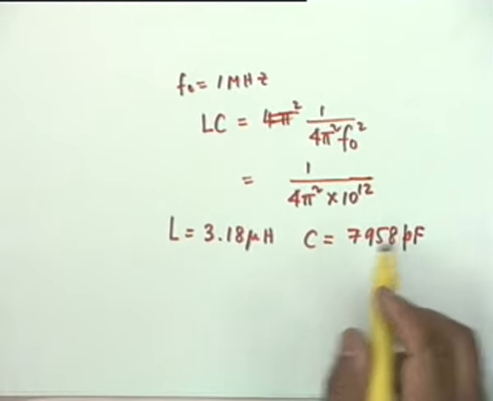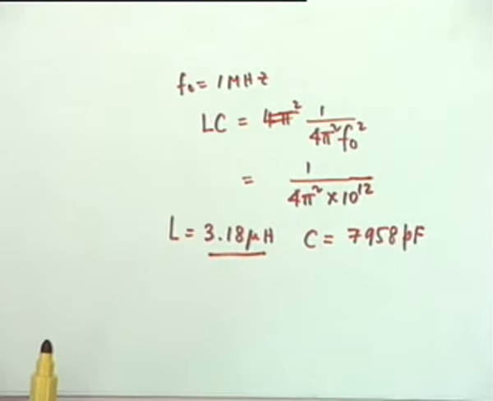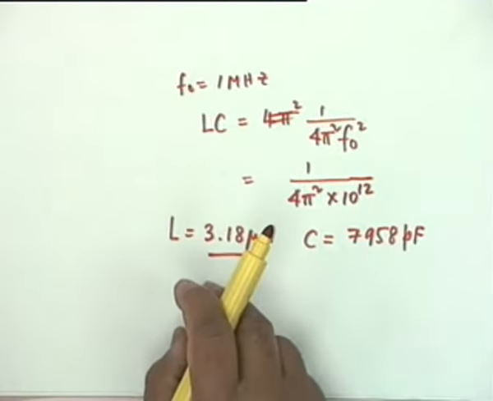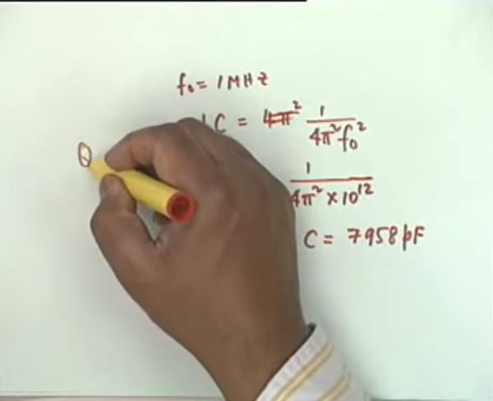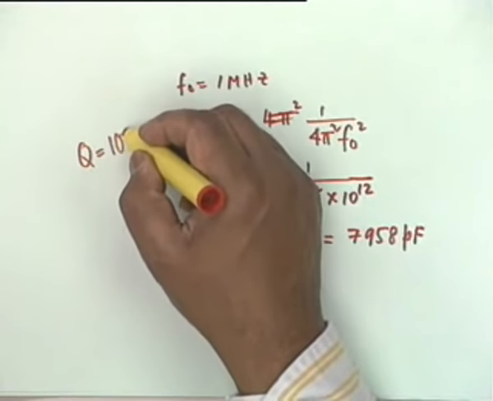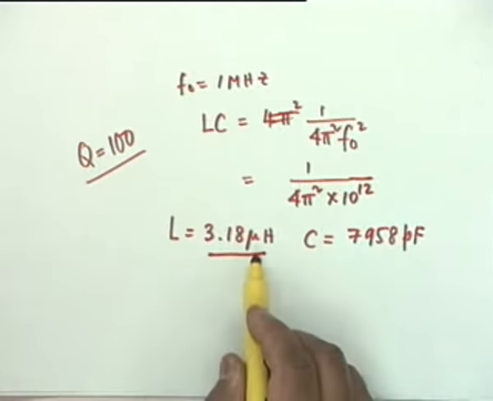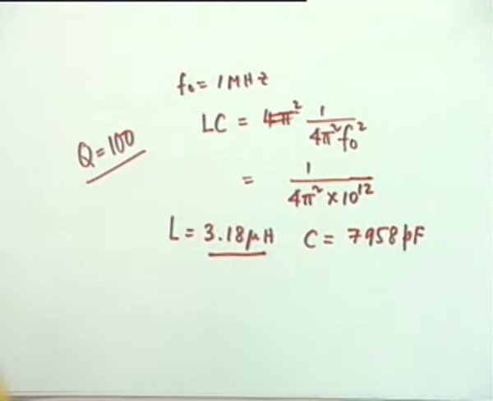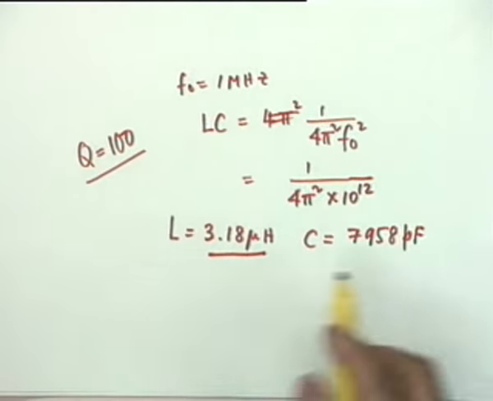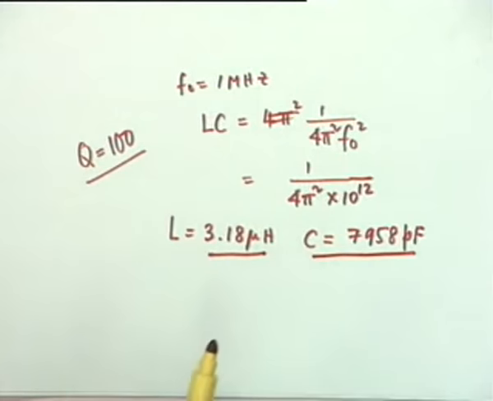Now this is usually a very small value of inductance. If you want a Q of, let us say, 100, getting a Q of 100 with a small inductance like this is a difficult problem. Also this capacitance is a large capacitance. If I can reduce it further, it would be to our advantage.